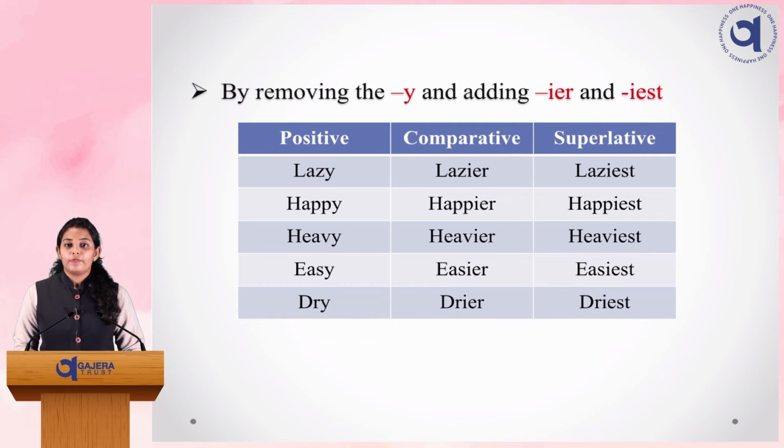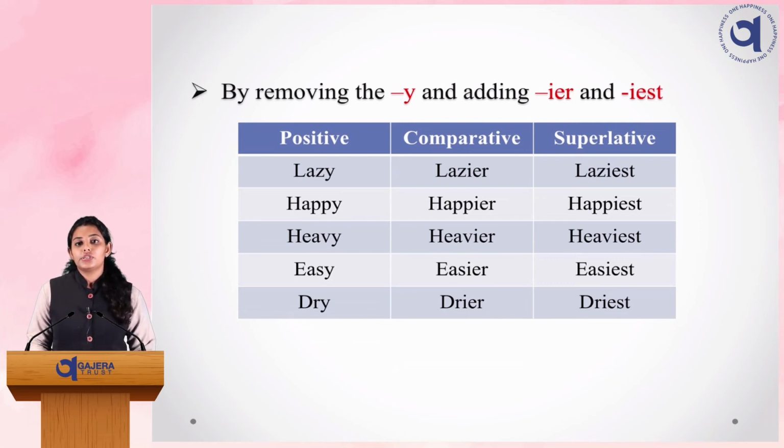So we have to drop y and add ier. So it becomes lazier and laziest. Happy, happier, happiest. Heavy, heavier, heaviest. Easy, easier, easiest, and dry, drier, driest. So you can see in this that in each adjective the y has been removed and we have added ier and iest to the adjectives to show the comparison.